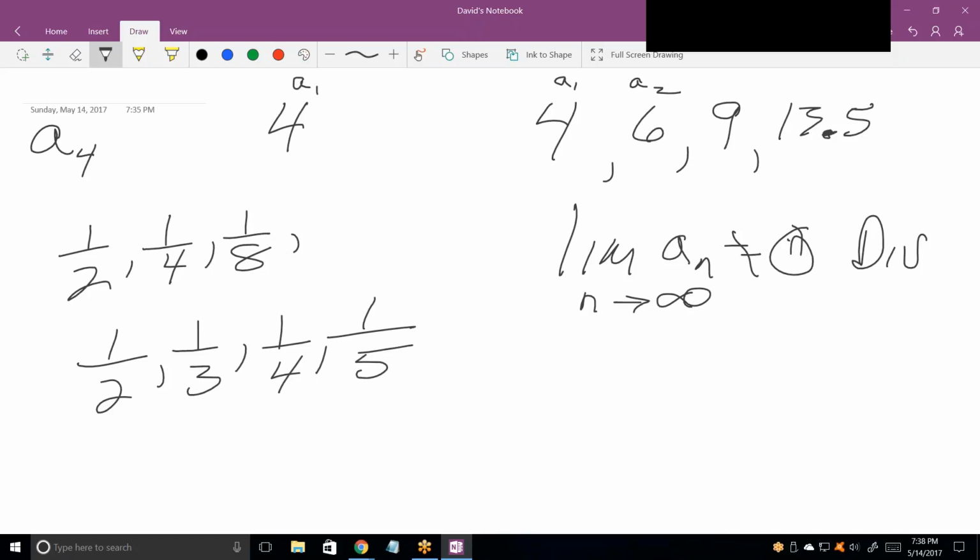I'm approaching 0. So the nth term is 0 on both of these series, but one of them's convergent and one of them's divergent. So proving that the nth term is not equal to 0 is a test for divergence only. It does not prove convergence. Both of these nth terms go to 0, but they're not both convergent.